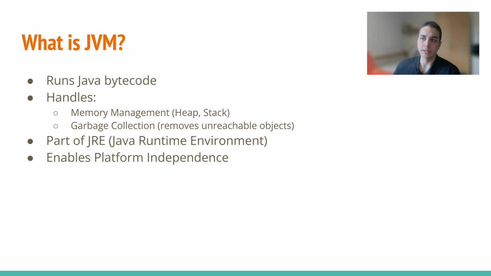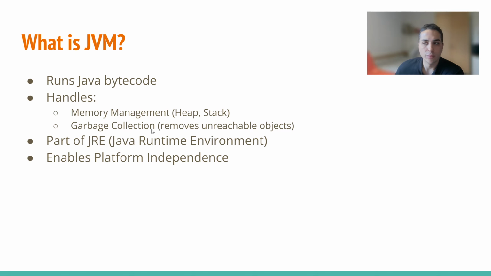The Java Virtual Machine is a virtual machine that runs Java bytecode. It provides important features like memory management and garbage collection. Memory management is used for the heap for objects and also the stack for method calls. And garbage collection is the automatic deletion of objects that are no longer referenced.